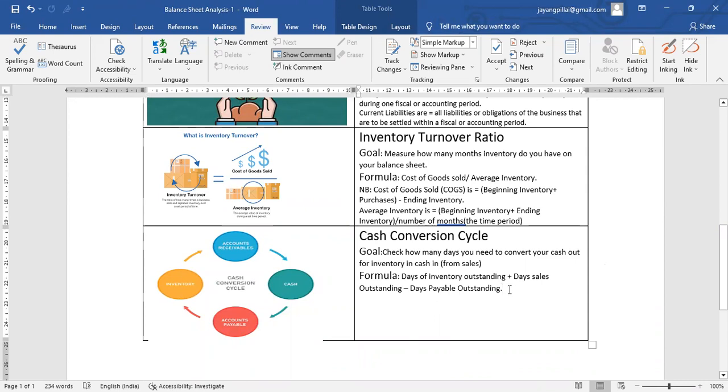This formula seems a bit complex, but it is nothing but finding the cash conversion cycle. Days of inventory outstanding means how many days of inventory we have, then days sales outstanding minus days payable outstanding.